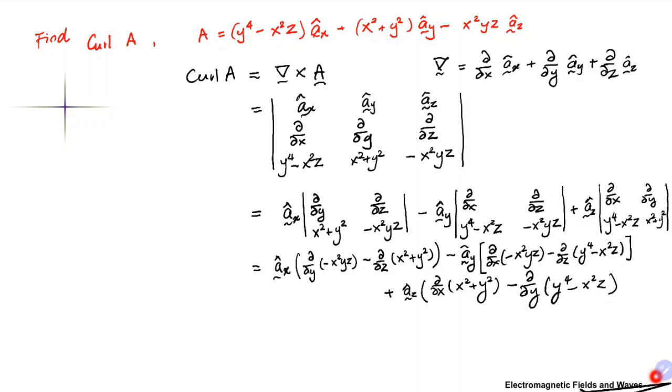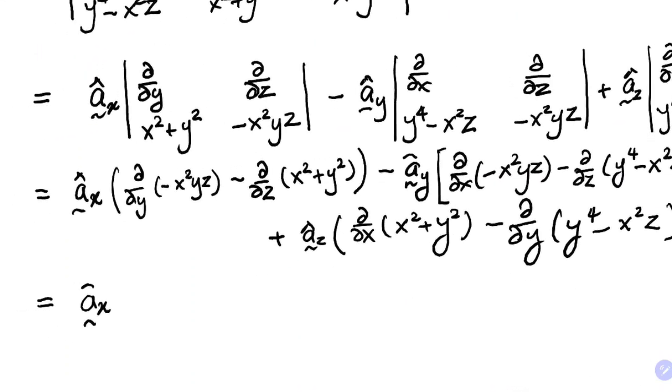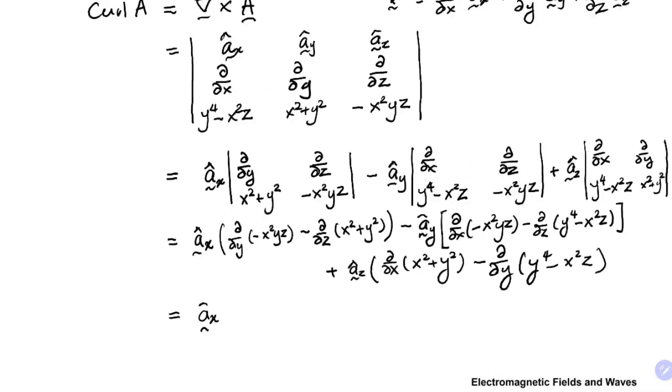And then the rest will be doing your partial derivative. Okay, this partial derivative with respect to y, so we treat x and z as constants.